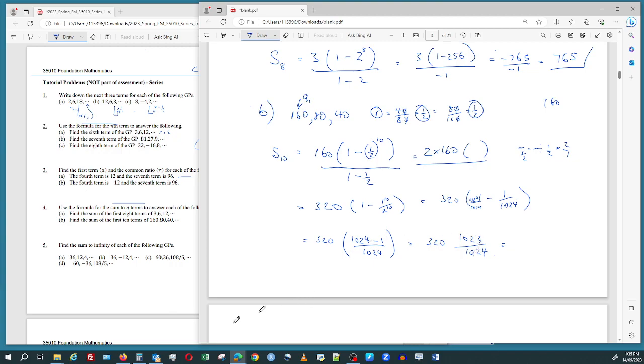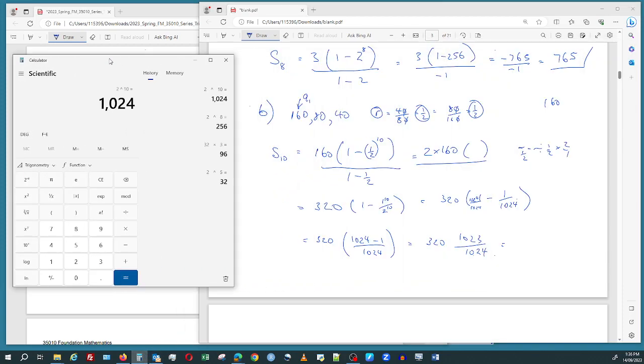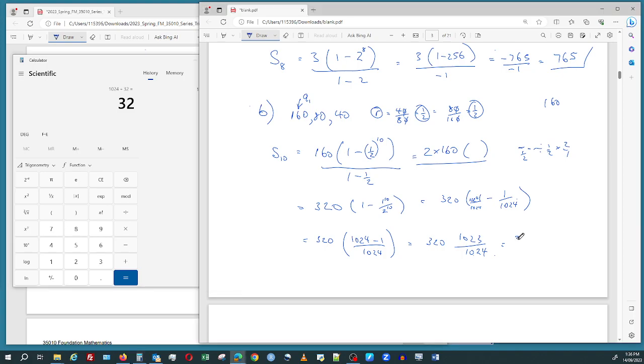So I'm just going to use my computer rather than my intuition. So 1024 divided by 32 is 32. So what we've got here is 32 times 10 times 1023. Down here we've got 32 times 32.